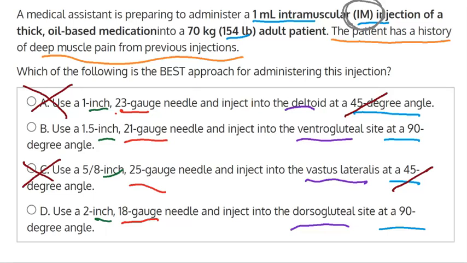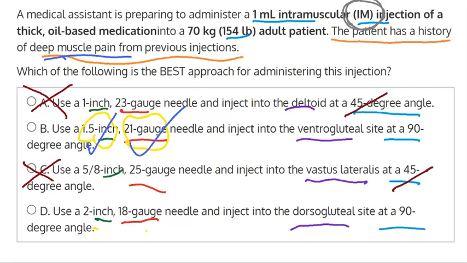So if we take a look at option B over here, you see your 1.5 inch needle, your 21 gauge needle. This is a smaller needle size than your 2 inch and your 18 gauge. So that's looking good because we are talking about a patient here who has a history of deep muscle pain.